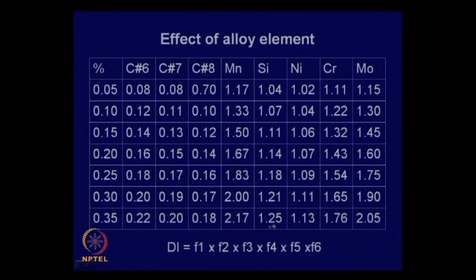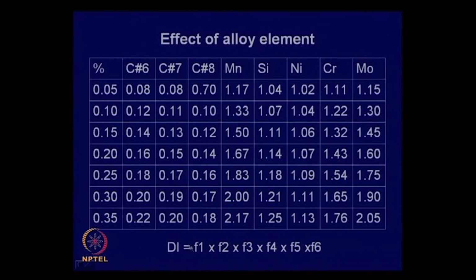You can see here, for 0.35% of either manganese or silicon, manganese gives a higher hardenability factor. This is the factor for nickel, this is for chromium, and this is for molybdenum.